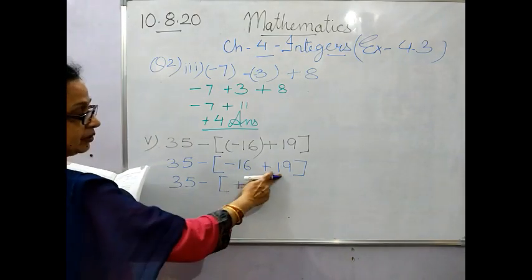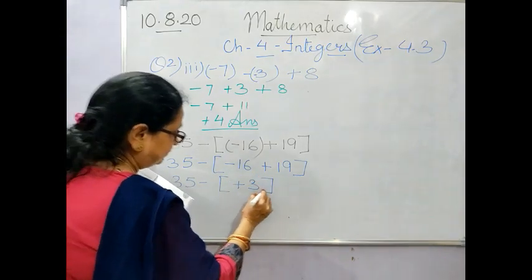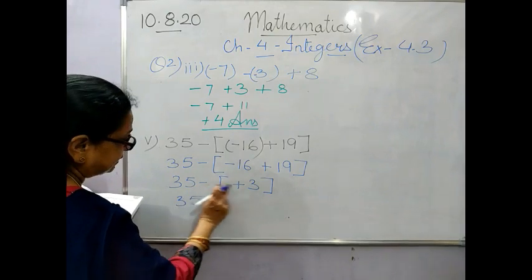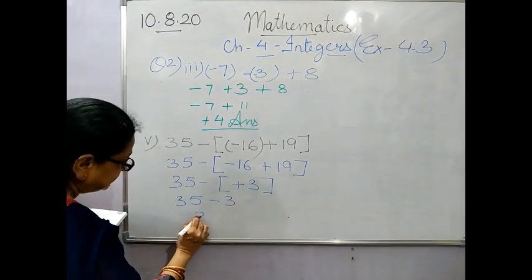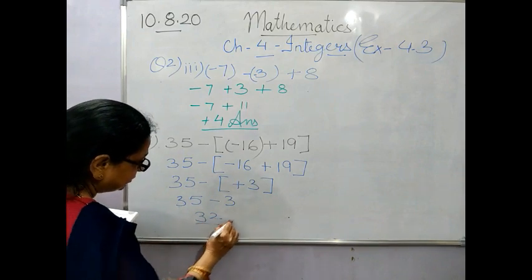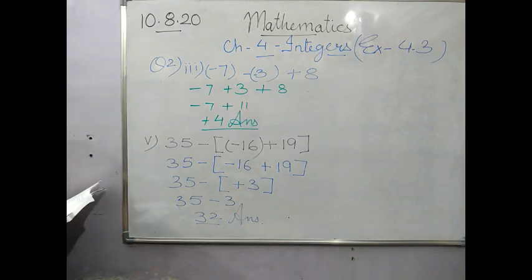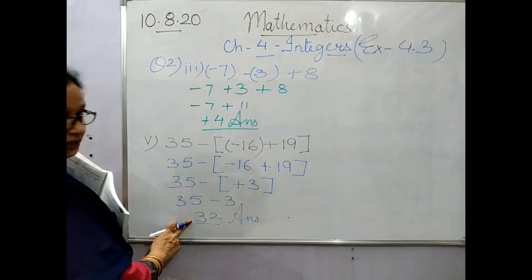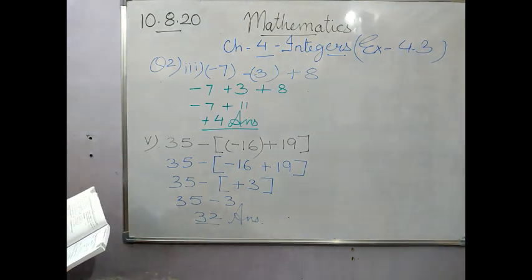Why plus? Because the bigger digit has a plus sign. Now 35 minus plus 3, so 32 is your answer. The bigger digit is plus, so we have not put the minus, we have put the plus over here. Check it.